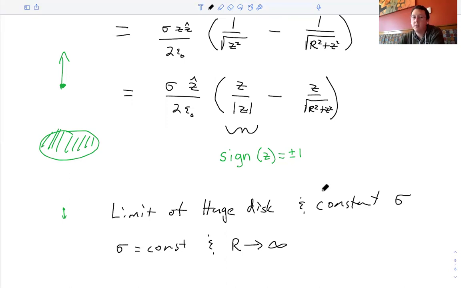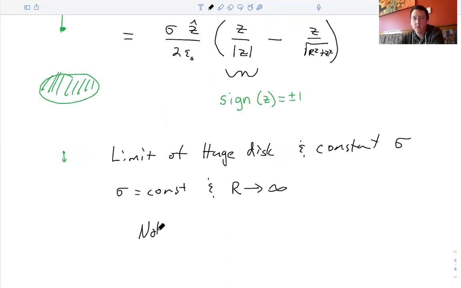Now, just want to note, if you think about it, that means the charge, which is sigma times pi R squared, would go to infinity. If you evenly spread out charge forever, then the total charge is going to be infinite. So you can't really have this configuration.